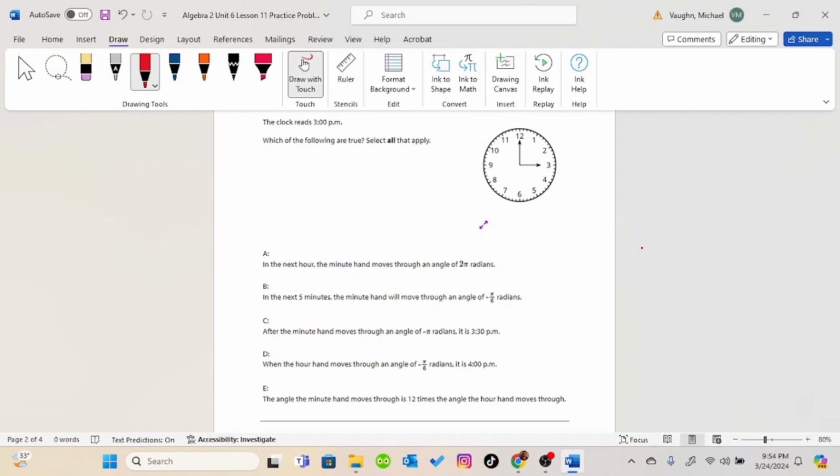But you have to remember the minute hand is going to rotate clockwise. So if it rotates clockwise a full circle, it's not 2 pi radians, it's negative 2 pi. So A is wrong.